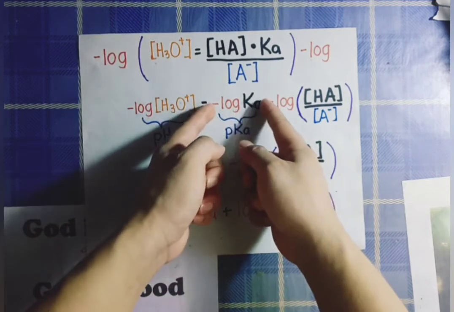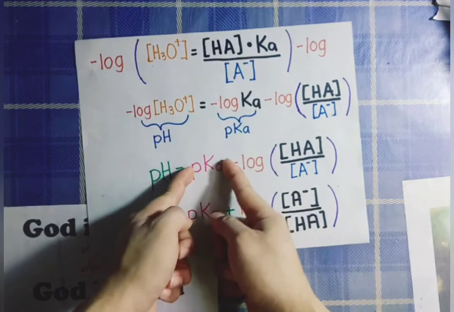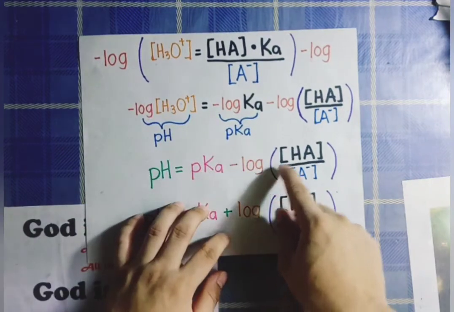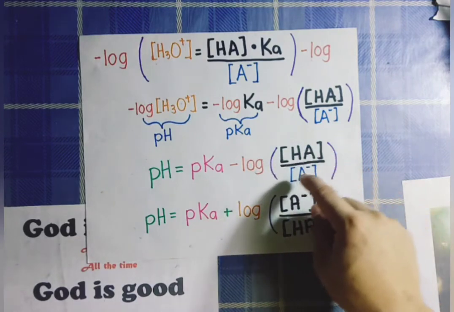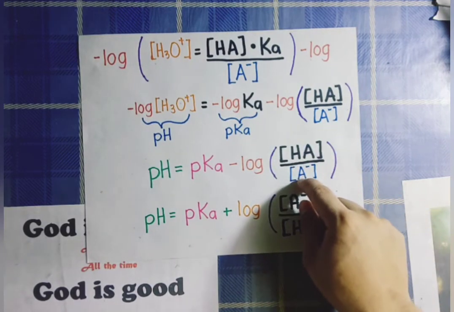And this negative logarithm of Ka is just pKa, minus the logarithm of the ratio of our parent acid over the molar concentration of our conjugate base.